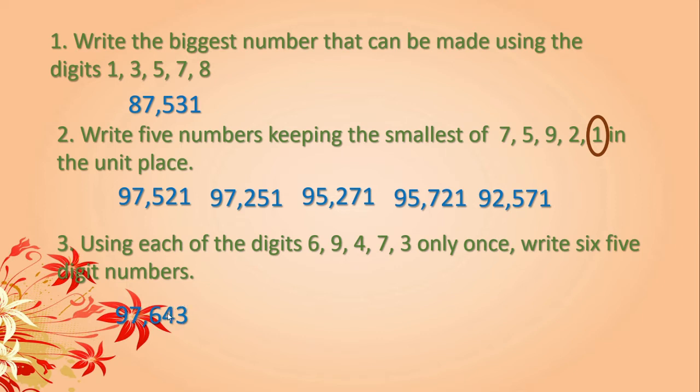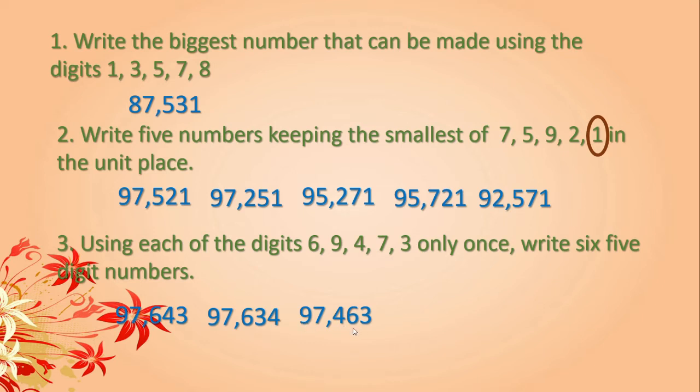97,643. Now we will exchange the place of 4 and 3. Very easy. And we will make 97,634. Okay, means 97 we kept as it is. Right? Now the next number we will make like this, 97,463. Only we are changing the place of these 3 digits, isn't it? 97,463.